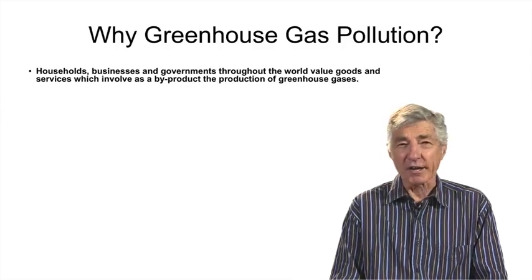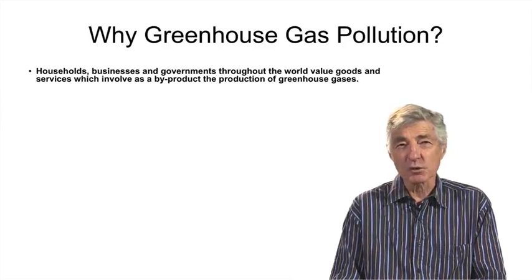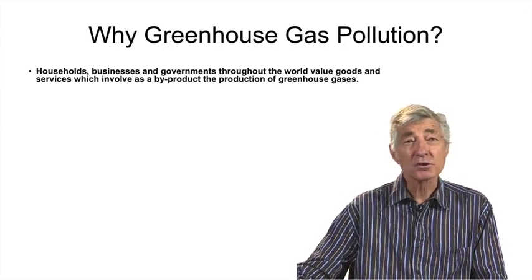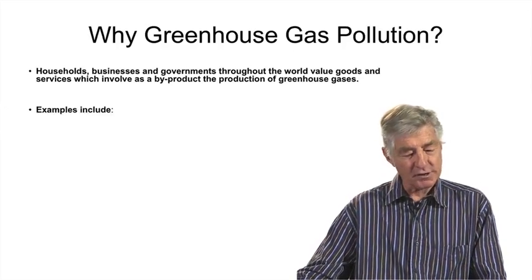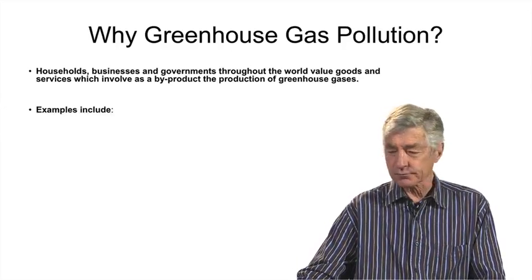Or we like travelling. We don't like walking very much, we would prefer to go by car. And that car uses, of course, petroleum products. So here are some of these examples.